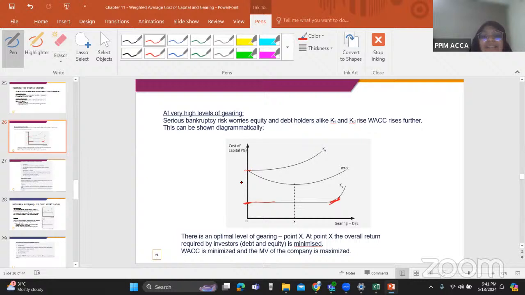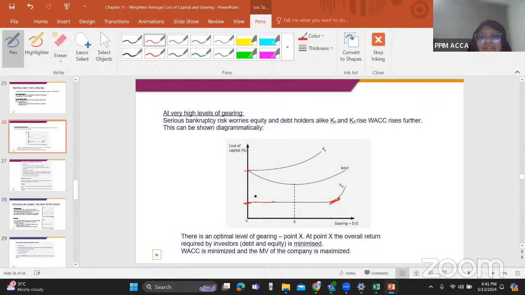Why is that? Because as debt increases, the company becomes more and more risky. So to compensate for the additional risk, the shareholders will ask for a higher return. That's why we see that the cost of equity is actually increasing.